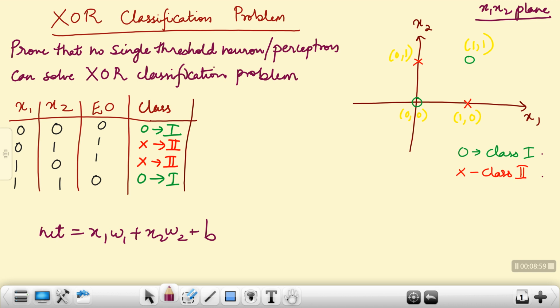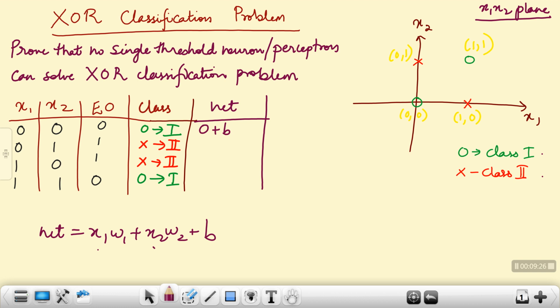Let's not assume anything about w1 and w2; we shall calculate the value of net. In the first case x1 and x2 are 0, so I get 0 plus bias.